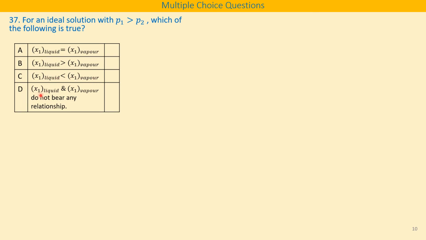Option D, X1 in liquid state and X1 in vapor state do not bear any relationship. Let us analyze it first. As 1 is more volatile, the vapor phase would be richer in 1. Hence, X1 in liquid state will be less than X1 in vapor state. This option is available as C. Please mark it.